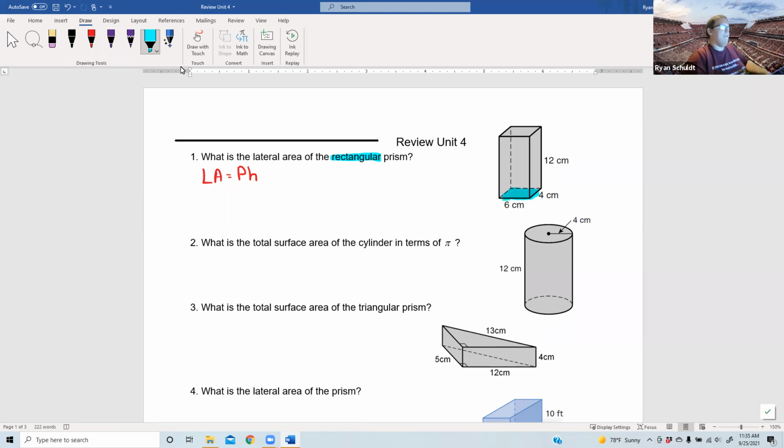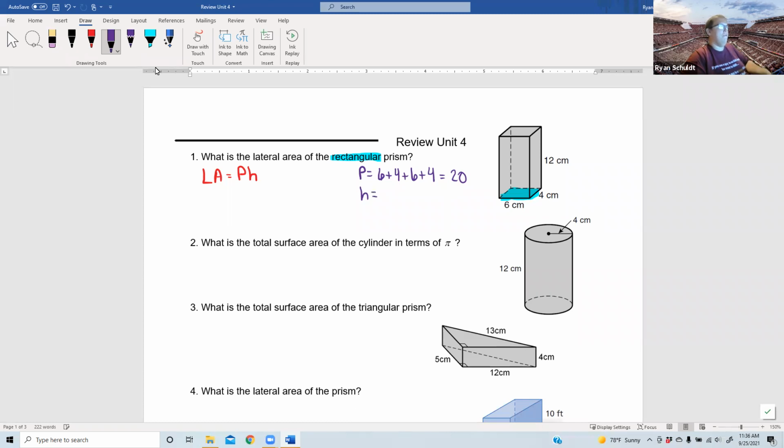There's our base. So I need to get the perimeter of that base. Well, it's going to be 6 plus 4 plus 6 plus 4. That'll get you 20. And then I need the height of the prism.